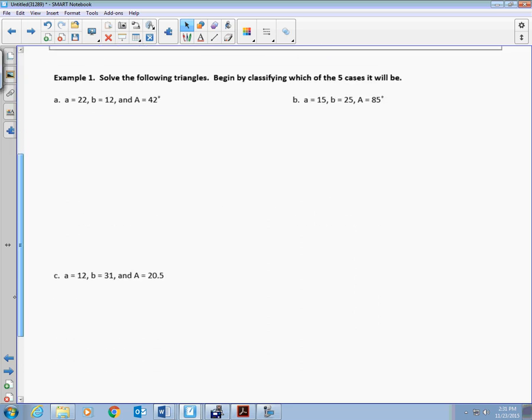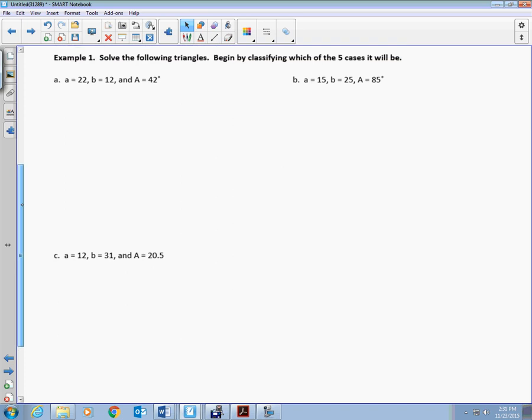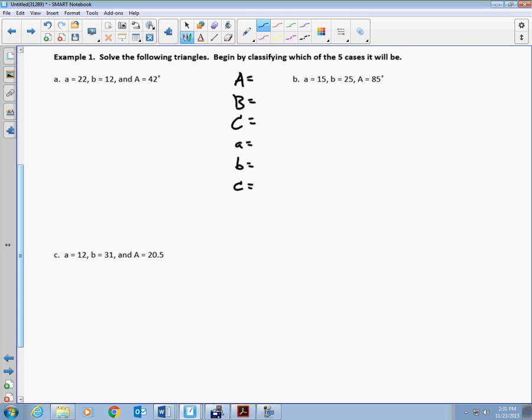So let's go through a couple of these and see if we can figure them out together. Solve the following triangles by classifying which of the 6 cases it will be and actually going through and solving them. So I'm going to set up A, B, and C, little a, little b, and little c.